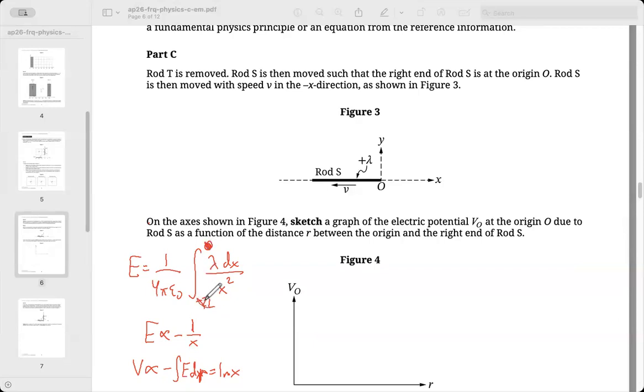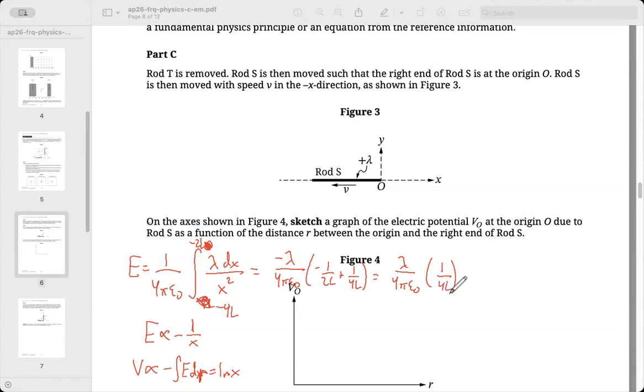Let me solve for the electric field when the rod is at negative 4L to negative 2L, because I want to see exactly what's going on here. So we've got negative lambda over 4 pi epsilon naught, 1 over x. So you're going to have negative 1 over 2L plus 1 over 4L, which is lambda over 4 pi epsilon naught, 1 over 4L.